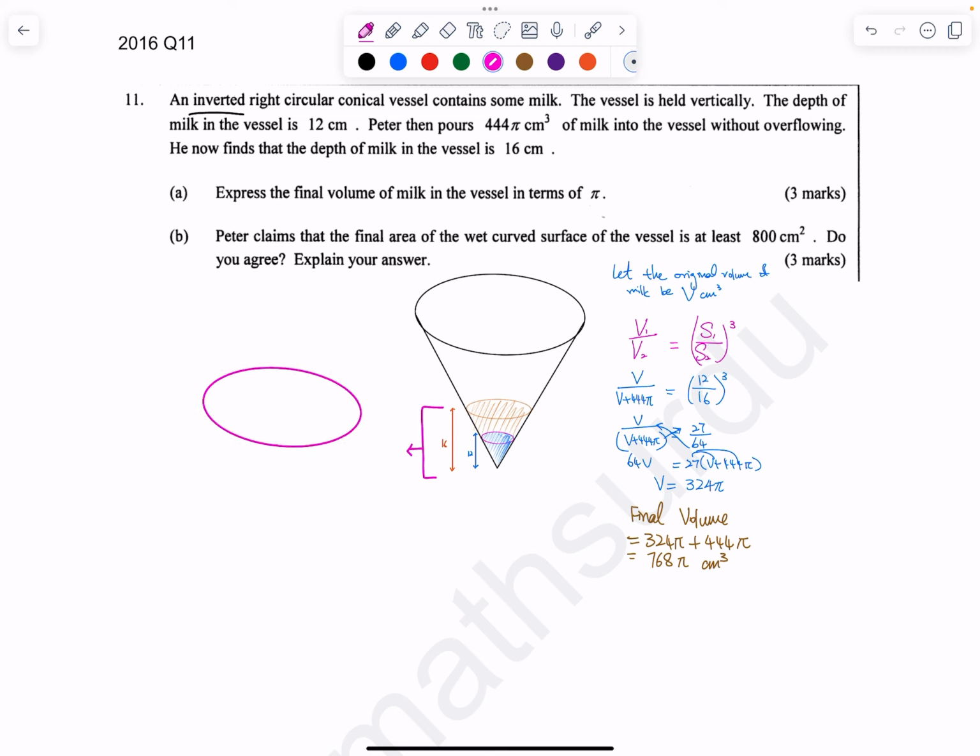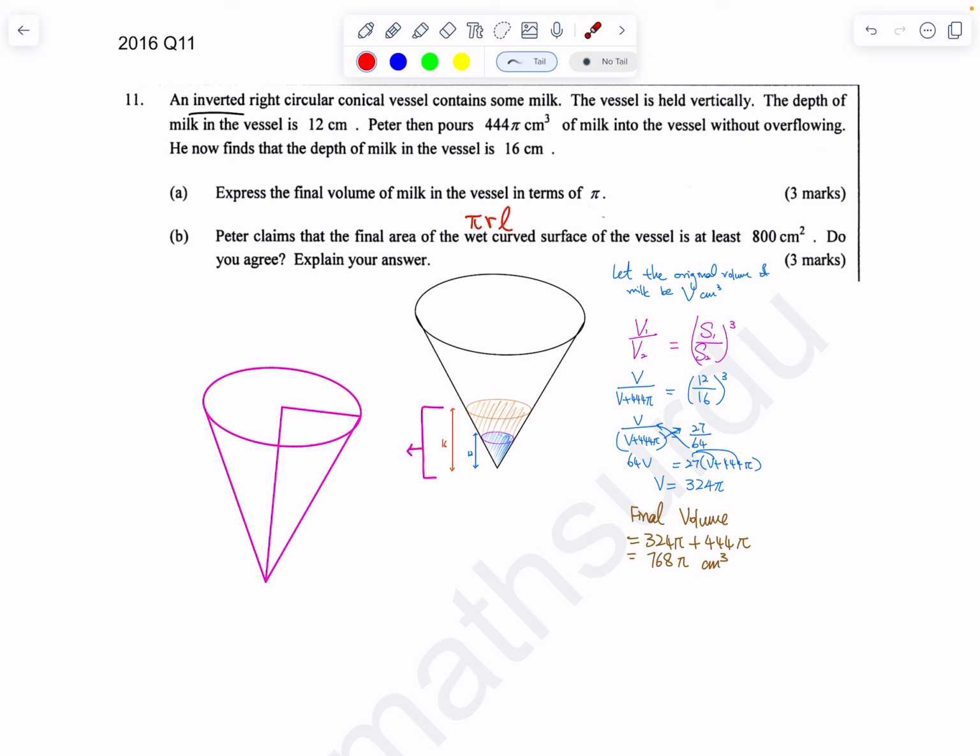So you have the circle on top, you have this thing, and then we know that we don't know so many things actually. We don't know the radius, we know the height. My drawing is so bad here because I'm doing it in a little bit of rush. Because you need a wet surface area. So what's the formula for it? pi r l.